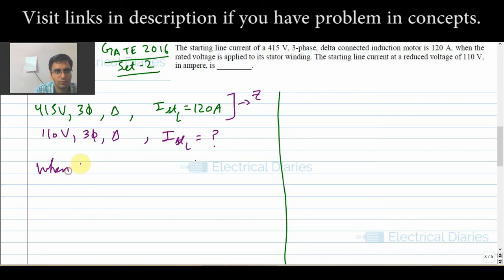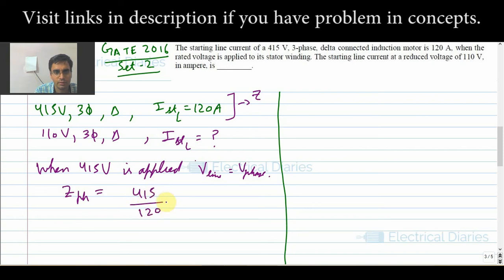When 415 volts is applied, for delta V line is equal to V phase. Per phase impedance we usually find out. So Z phase will be V phase by I phase, and I phase is I line by root 3.